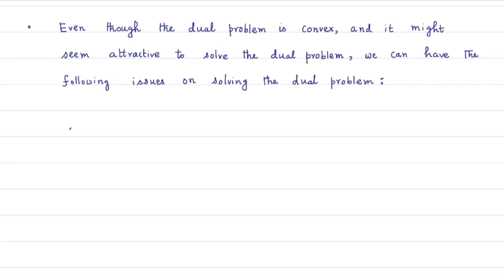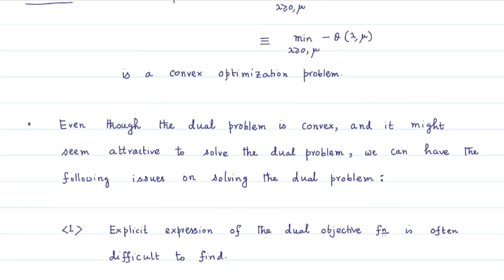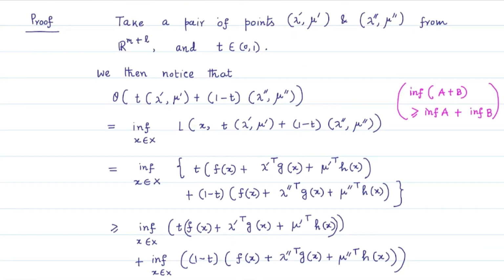So I write out here the first issue, that an explicit expression of the dual objective function is often difficult to find. And this is due to the fact that the value of theta can be evaluated at a point only after solving a minimization problem. If you look at the expression of theta, you will find that it is given by minimization of the Lagrangian function at each and every point (lambda, mu).